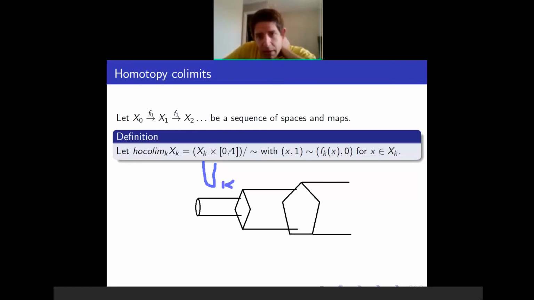Crossing with the interval doesn't change the homotopy type of the space. Then we're going to glue these together. We identify one end of the interval, points of the form x, 1, with the other end of the interval for the next space, with fk of x, 0. So you take all of your spaces, cross them all with intervals, take their disjoint union, and then glue one of the cylinders to the other cylinder along these attaching maps.